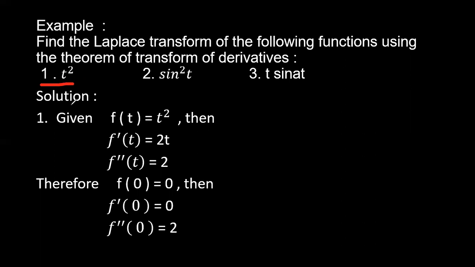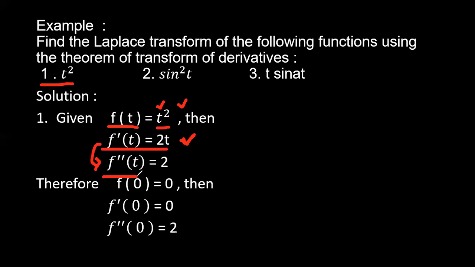Assume this as f of t, that is f of t is equal to t square. We have to differentiate this one. First we make the first derivative, that is f dash of t. Differentiation of t square is 2.